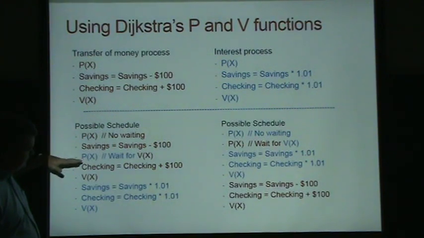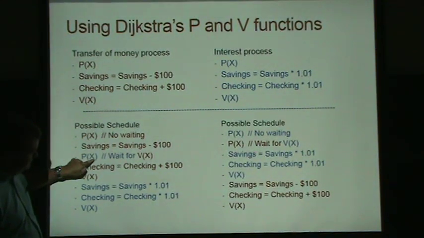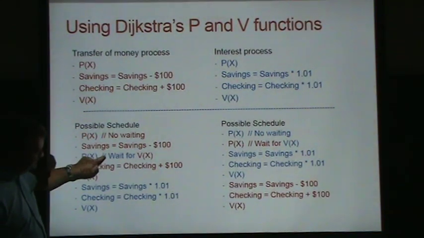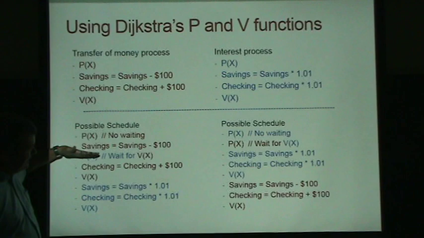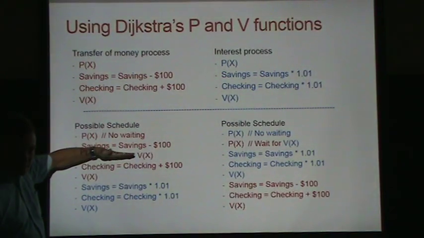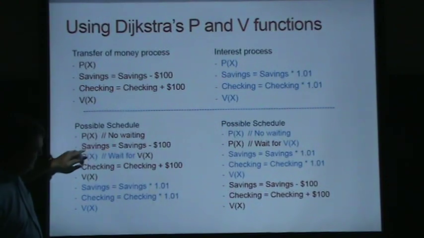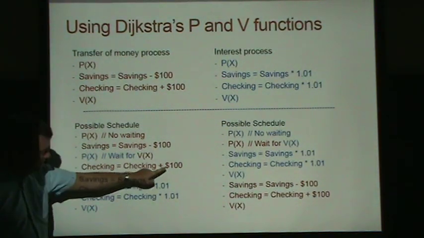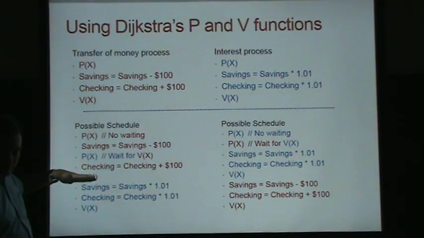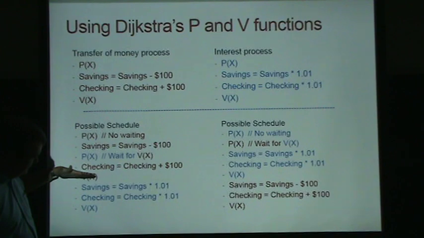And the other process runs, and it issues a P of X. And it's going to have to wait because we haven't done the V of X yet. So it has no choice but to get stuck and can't proceed, which is exactly what we want. So now we eventually get back to running, we update the checking account, and we issue the V of X, which is basically saying that we're done.